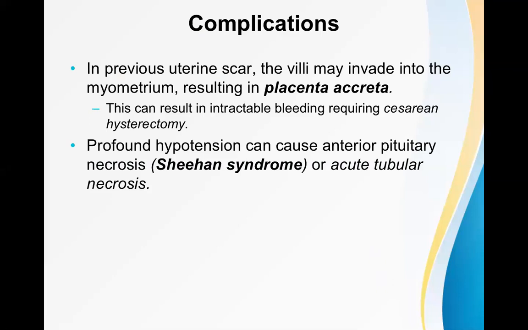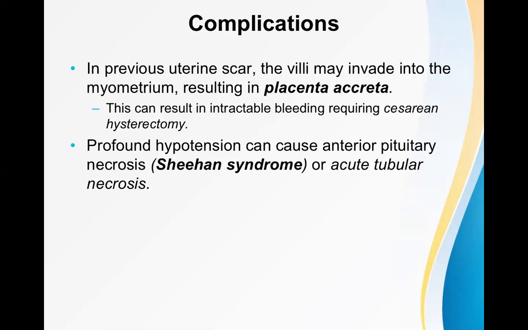Now, what complication can occur in a case of placenta previa? Let's talk about that. If there is a previous uterine scar, then the villi may invade into the myometrium, which results in placenta accreta.